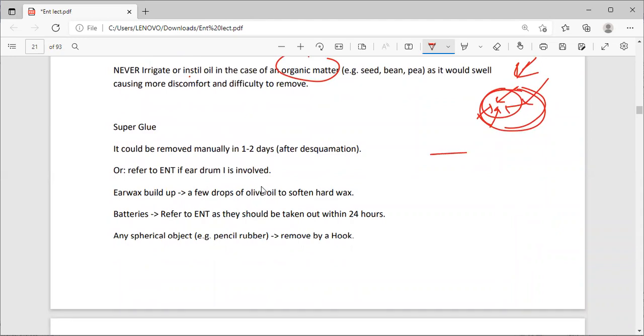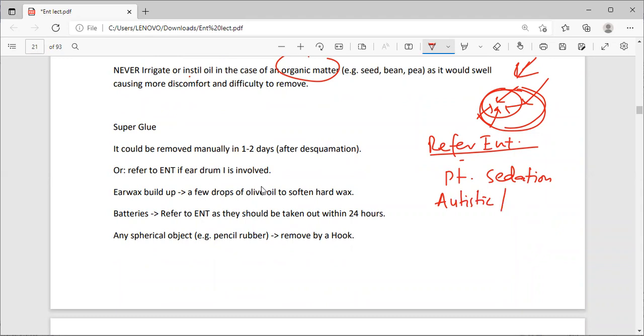One thing more, I want to tell you when you should refer to ENT. You should refer to ENT if the patient requires sedation. Oftentimes the question comes with a stem like an autistic or non-comforting child, or the child is not supporting.